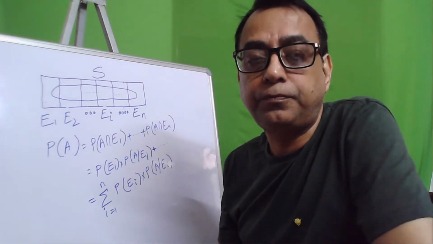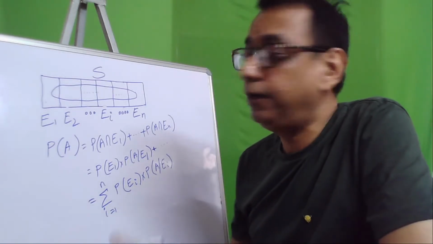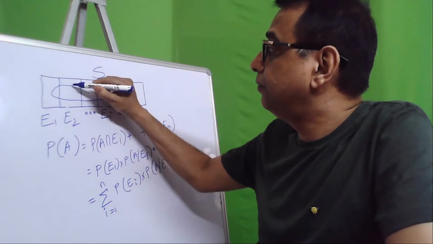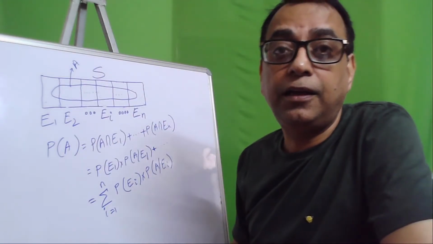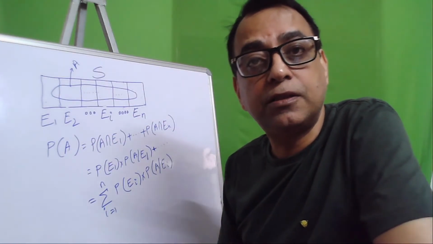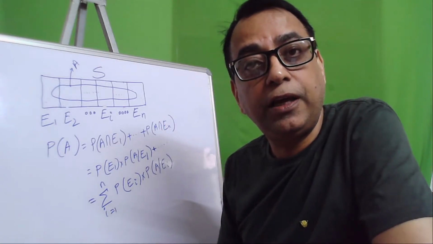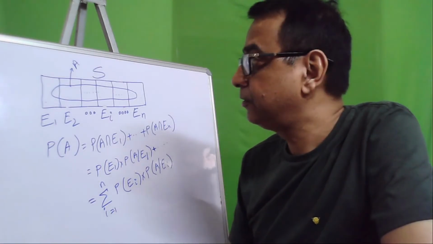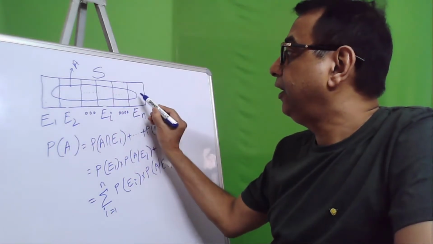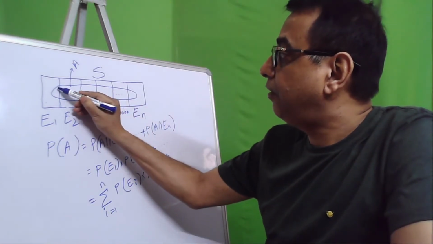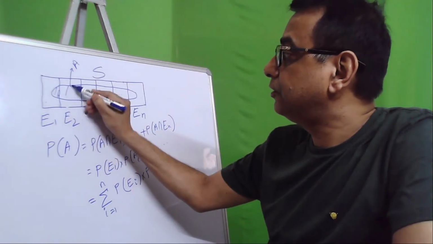Now let us have one event A, which we have denoted by this, and let us say that A intersects all these mutually exclusive and exhaustive events. So we know that the probability of A will be the probability of the union of all these intersections.